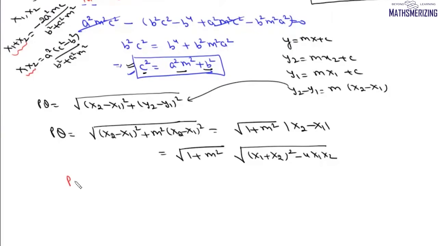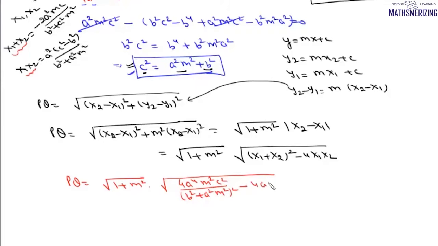So we'll put the value of x1 plus x2 and x1 into x2. Then we can simply write PQ as under root of 1 plus m square into under root of, now what's x1 plus x2? It is 2a square m into c. So there will be 4 a to the power 4 m square c square upon b square plus a square m square whole square minus 4, and what's x1 x2?